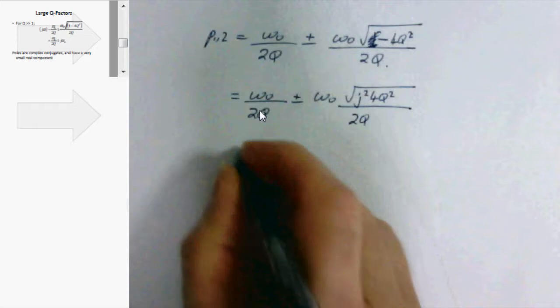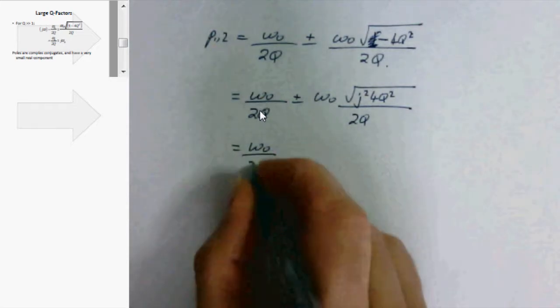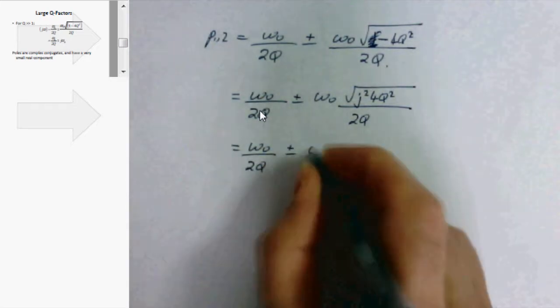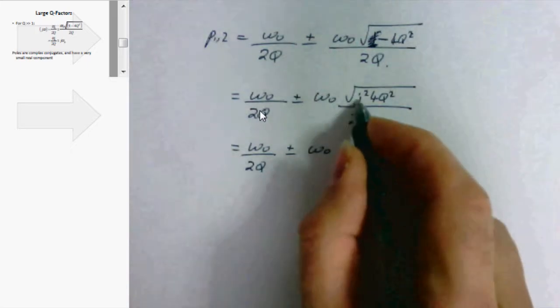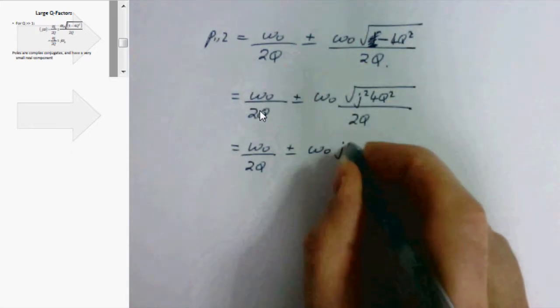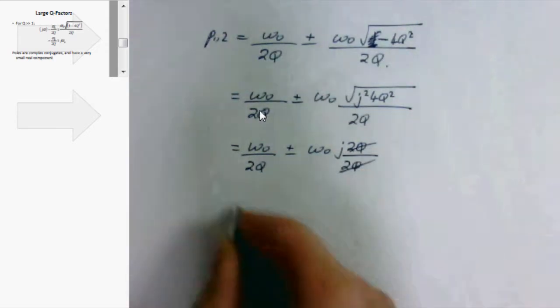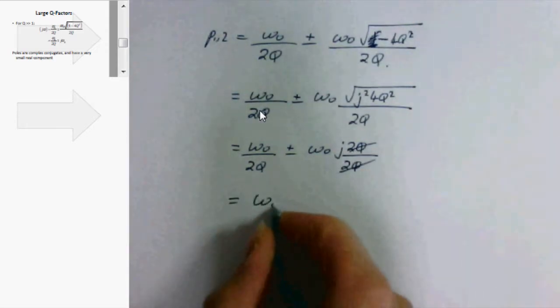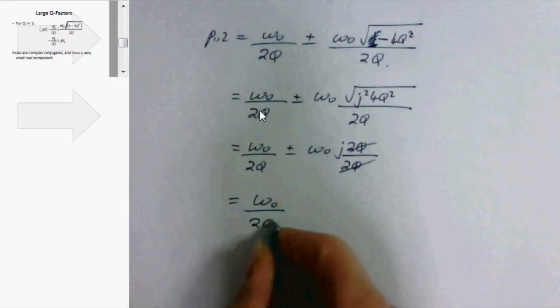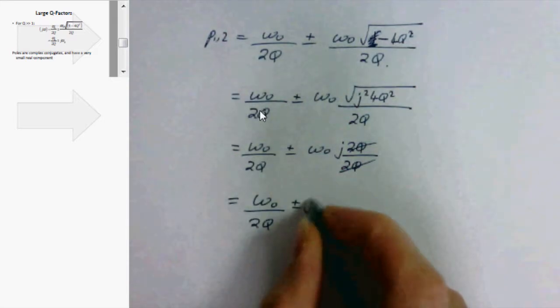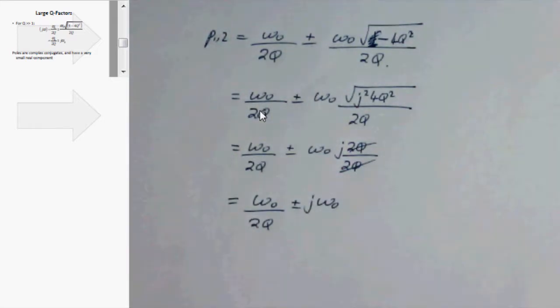Over 2Q, this is omega naught over 2Q plus or minus omega naught times j times 2Q all over 2Q. The 2Q's cancel. We just end up with omega naught over 2Q plus or minus j omega naught.